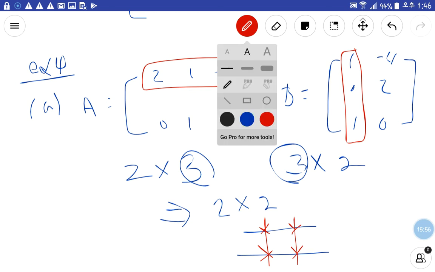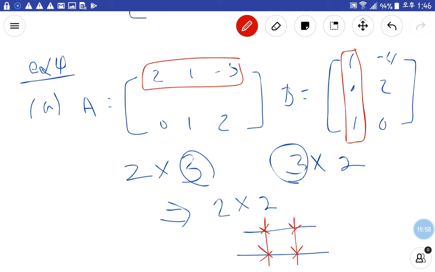So we always start with the first matrix's row, and then you multiply with the first column and the second column so that I can get my C11 and then C12. Okay, so I'm going to show you right here.